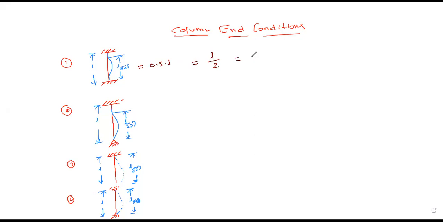It is defined as the distance between the two points of contraflexion. Can anyone tell me what is the other name for point of contraflexion? What is the other name for point of contraflexion?